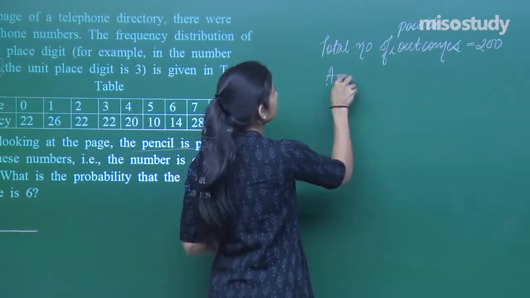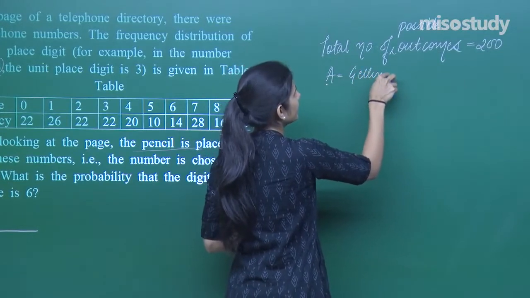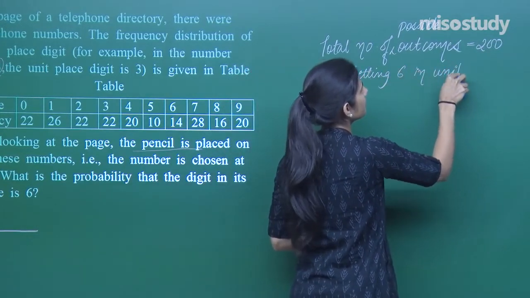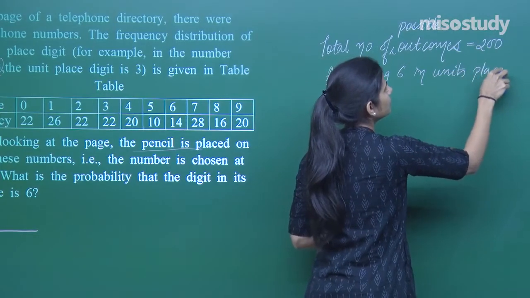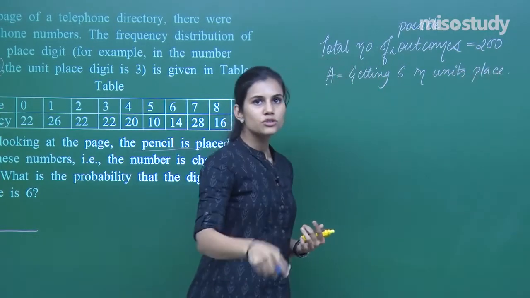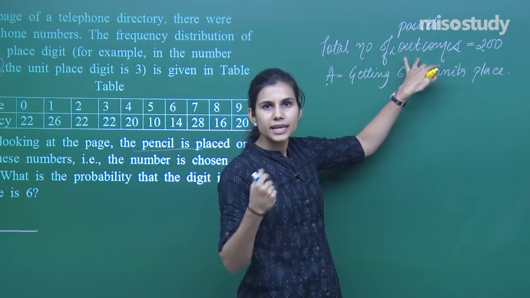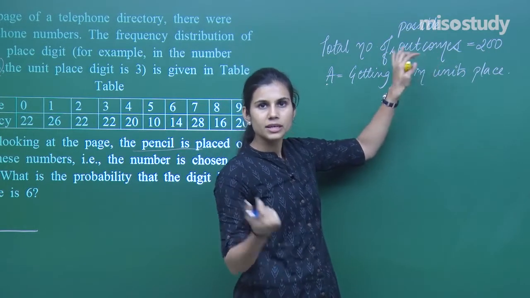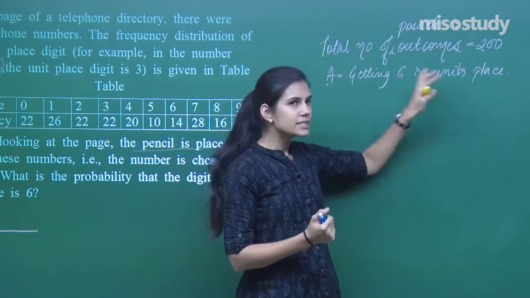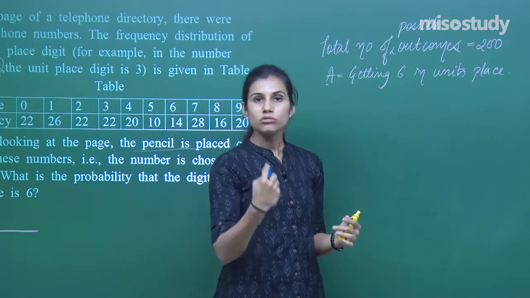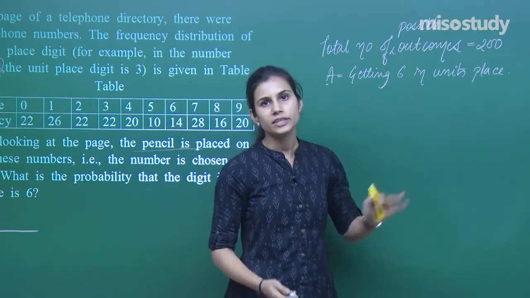So, let me say A is getting 6 in units place. That means the phone number that gets selected when you are performing this experiment of selecting a phone number from 200 phone numbers has 6 in the unit place, and that is event A. How many outcomes are actually favoring event A?